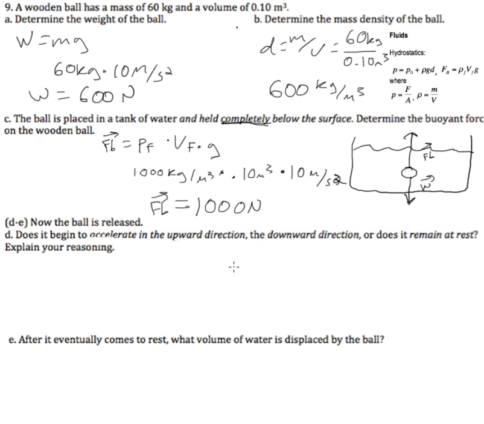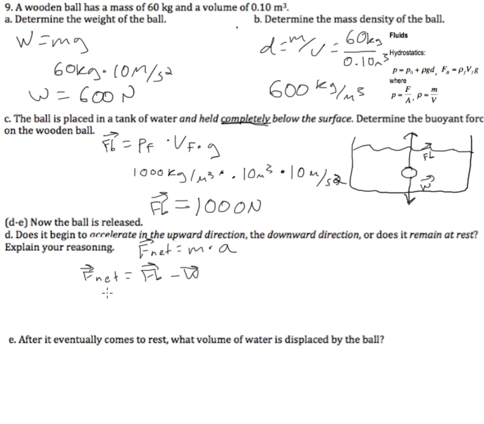Alright, so now we let go of the ball, and we want to know what it is going to do. To know which way it's going to accelerate, we can check the net force, and that'll tell us which way our acceleration is. So F net is going to equal the buoyant force minus the weight force, and those are the only two forces we have in the y direction.